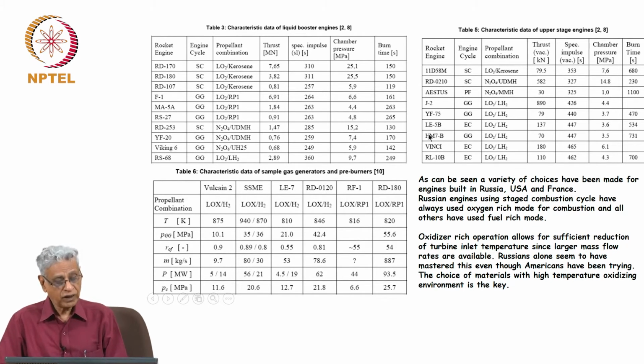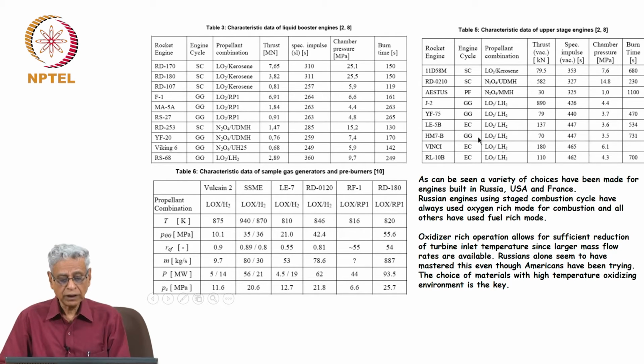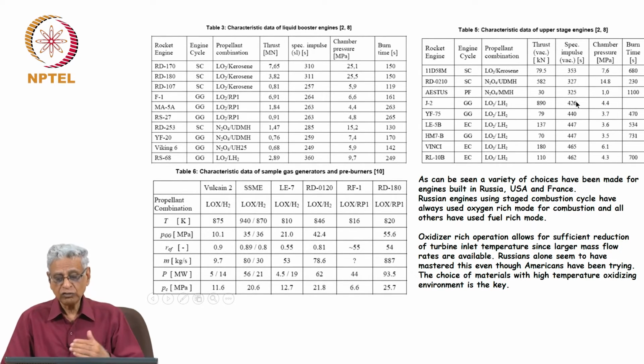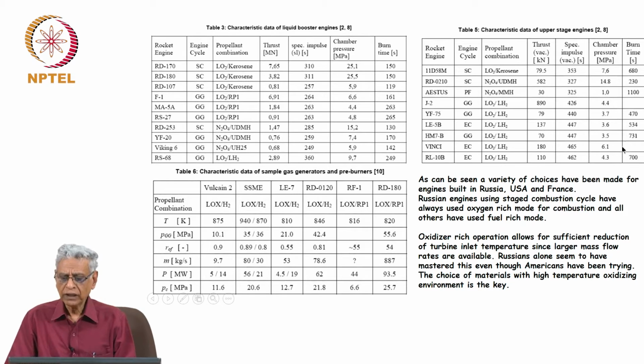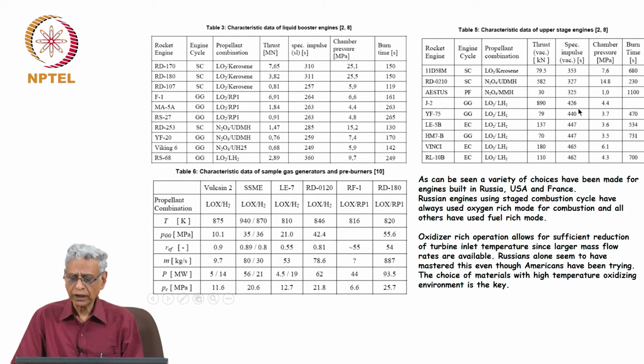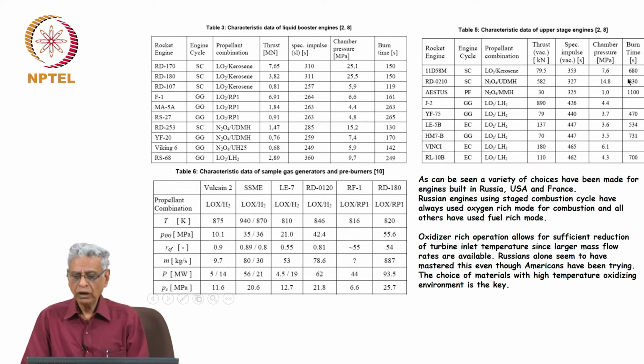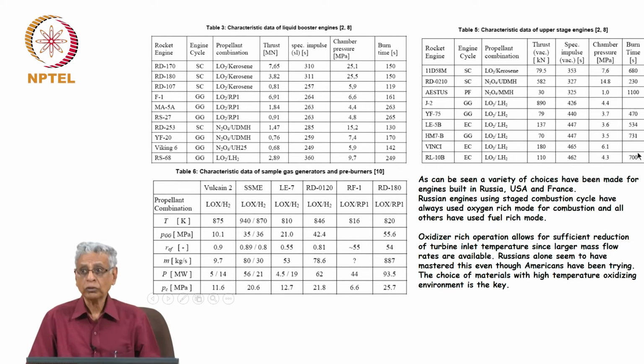HM7 is a French engine, gas generator cycle, American engine RL10. So, you see the specific impulse values of LOX hydrogen are in the range of 430 plus minus 10, things like that. Because these are gas generator cycles, they have chamber pressures of the order of 30 to 40 atmospheres. Varying burn times going up to 1000 seconds.